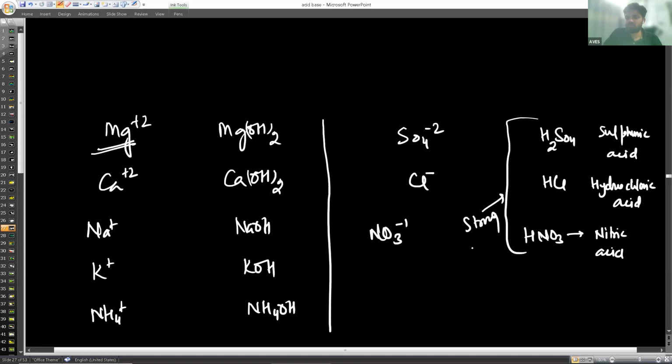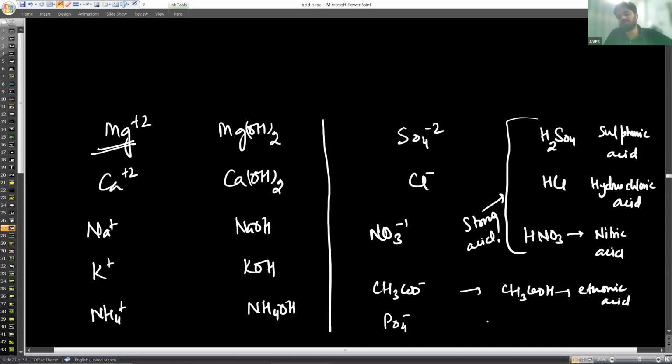Got it? The next one: if you have the ethanoic ion CH3COO minus, it has come from ethanoic acid. If you have the phosphate ion PO4, it has come from phosphoric acid.